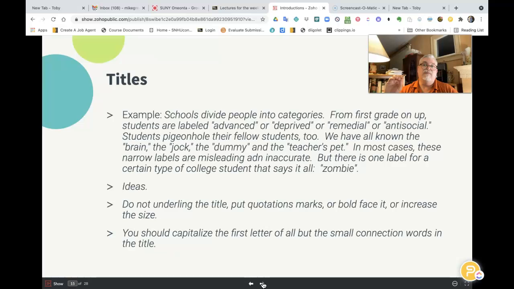If it were The Making of a Zombie, it would be capital T-H-E, capital M, Making, small o, Of, small a, A, capital Z, Zombie. It's those important words, not words like of and so forth.